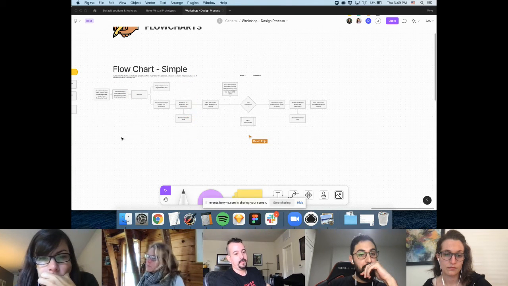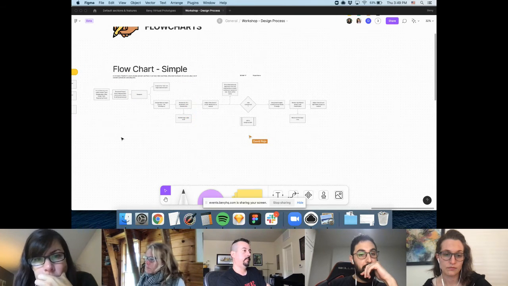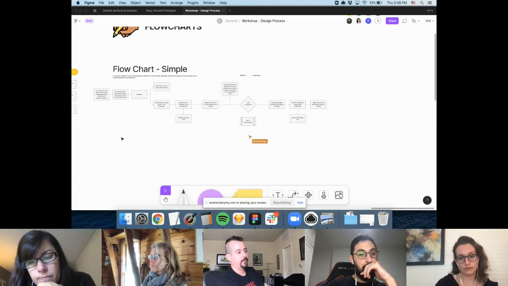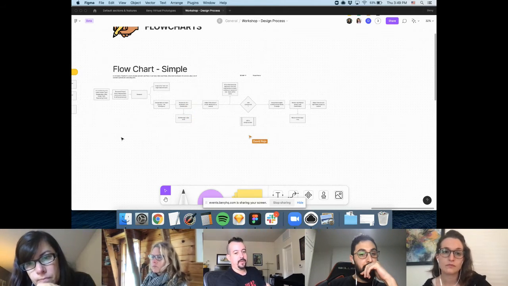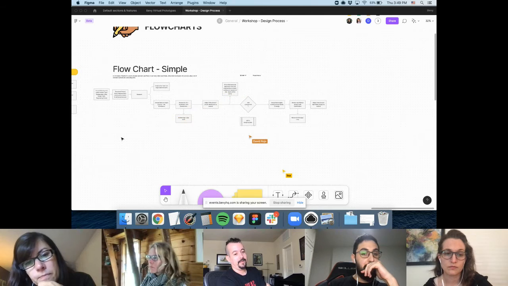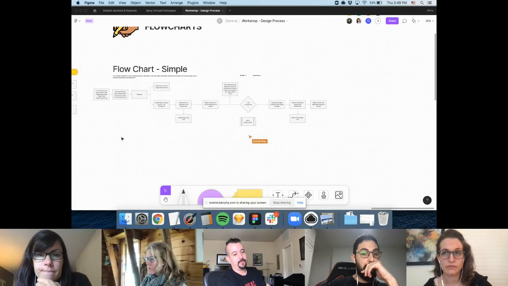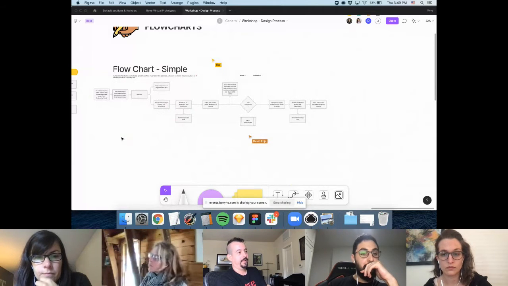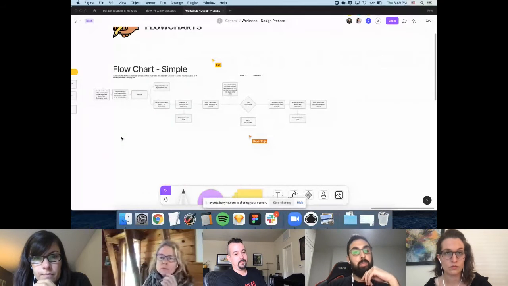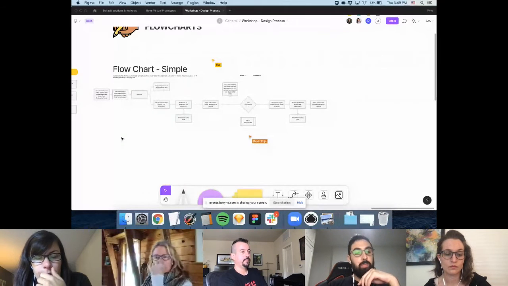But what I started here with this flow chart is more of, if we can at least set up what the ideal process from our end would be, and then we can share that with engineering and the project managers, get their input and adjust as needed. But I think it's still helpful either way, at least as a jumping off point.